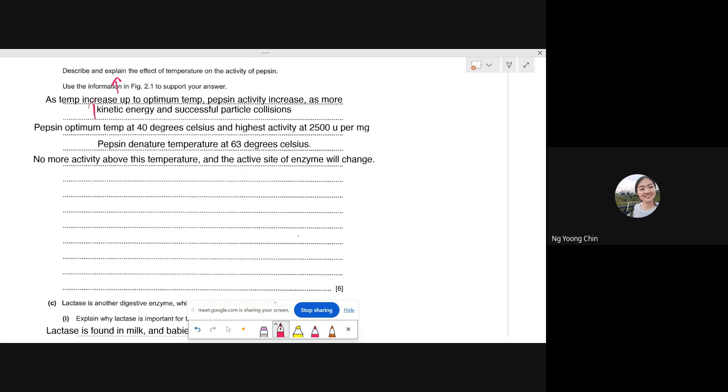Yes, we talked about it already. So increased rate of collisions, but you can write about the increased rate of collisions between enzyme and substrate. It will be more specific. Okay.